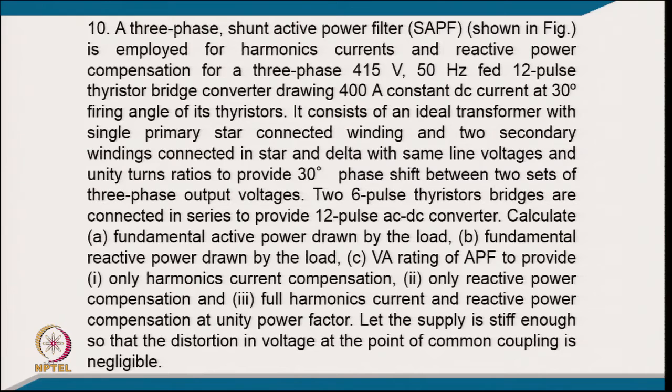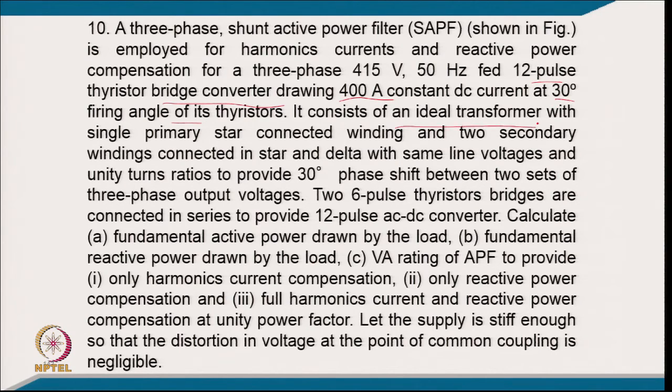So, now coming to the 10th example. A 3 phase shunt active power filter is employed for harmonic current and reactive power compensation for a 3 phase 415 volt 50 hertz 12 pulse thyristor bridge converter, drawing a 400 ampere constant DC current at 30 degree firing angle of its thyristors.